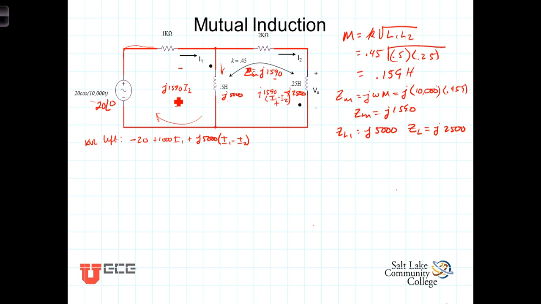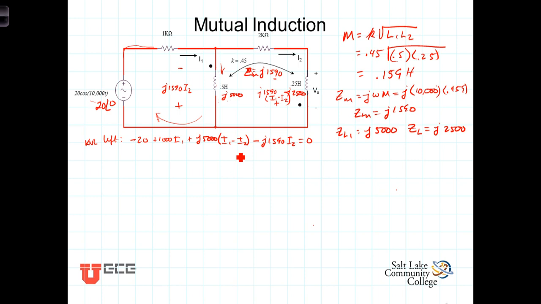Now we have this other voltage over here, which is referenced minus to plus, so it's going to be a minus the voltage we've already determined to be j1590 times I2. Brings us back to where we started, so the sum of those voltages must equal 0. Let's just review these two voltages.